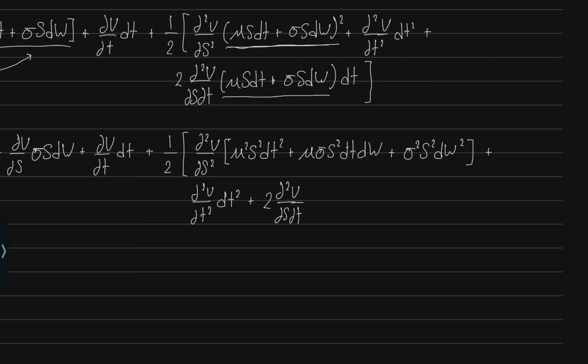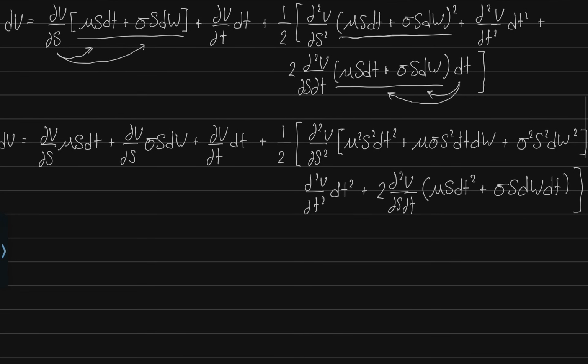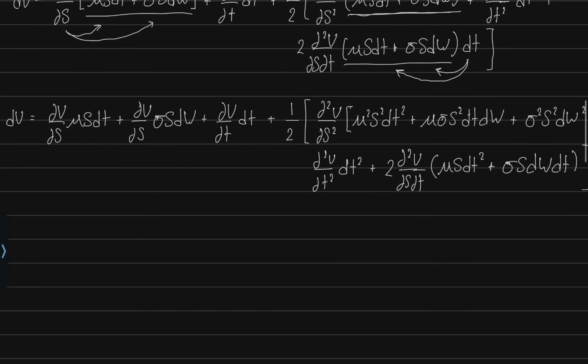And I want to put this dt for both these terms, and I want to show you why in the next step. So essentially I'm going to have μS dt² plus σS dW dt, and that's going to be the end of my second term. Okay, pretty simple so far. Not really, but it's okay.